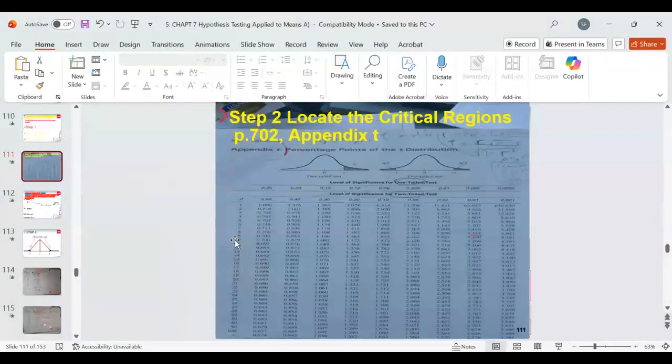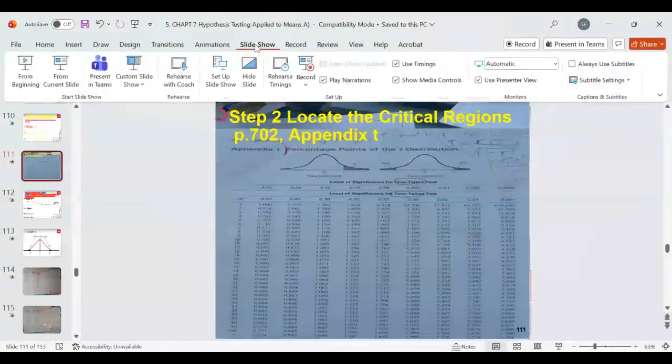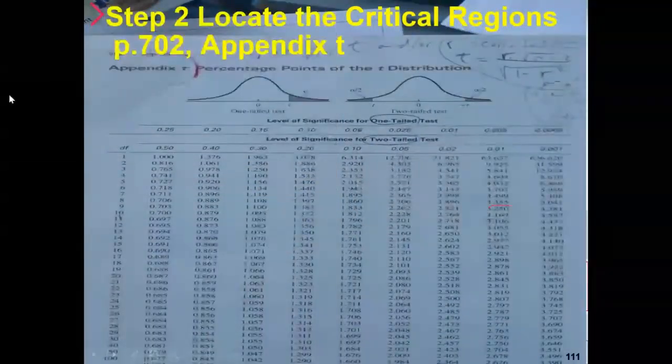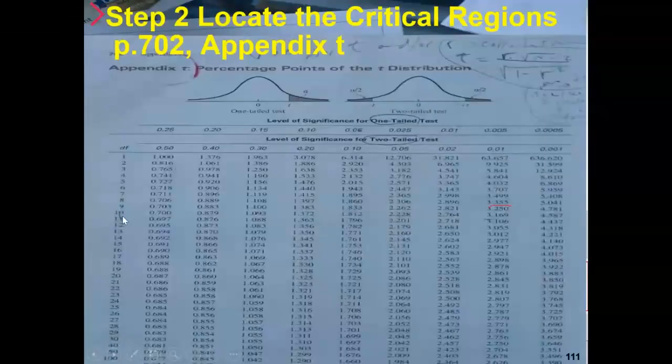Let me make this larger. So we look at 9, and then we use a two-tailed test, and we said to use alpha of 0.01, I already underlined it.